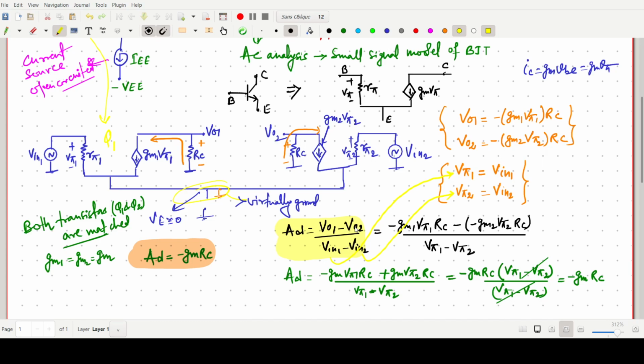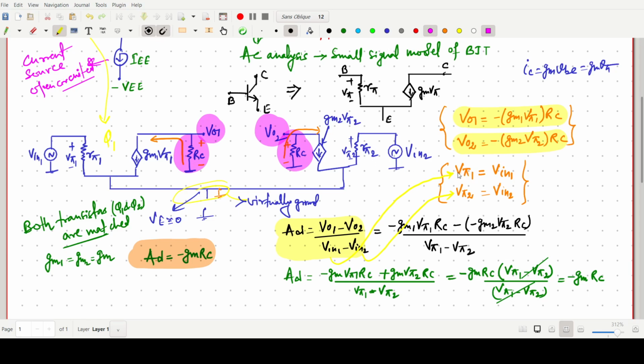Differential output V naught 1 minus V naught 2 by V in 1 minus V in 2. Then after we have to find the V naught 1 value, V naught 2 value, which is basically coming from this side. Similarly, V naught 2 is coming from that side. We have already discussed this concept so many times in BJT or MOSFET, how to think.